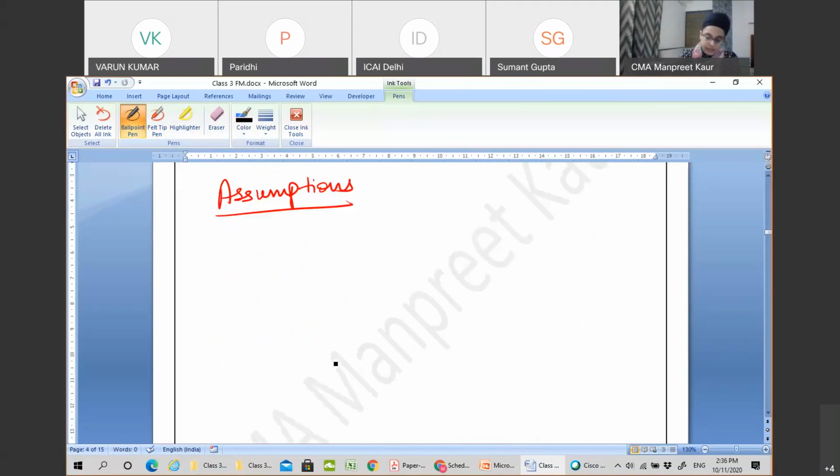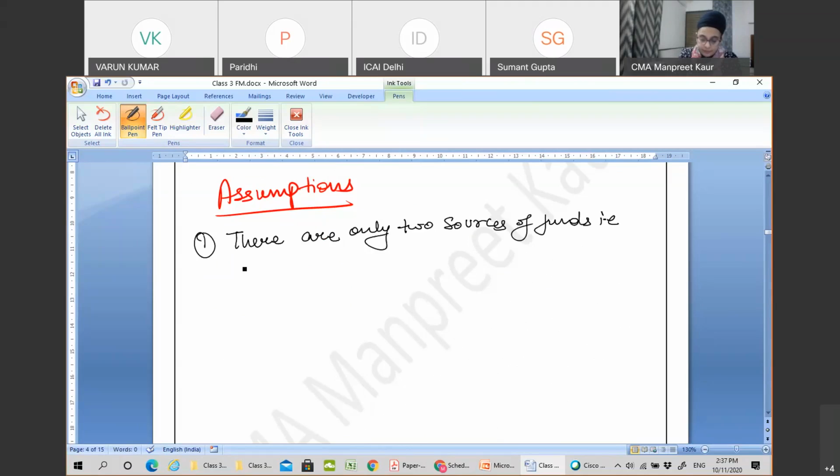First assumption is there are only 2 sources of funds, that is debt and equity, where no preference share capital is there.